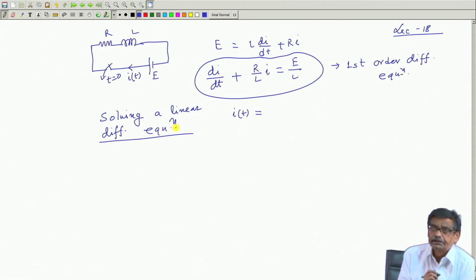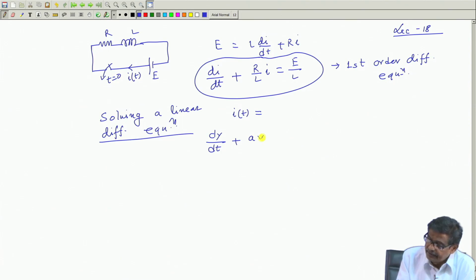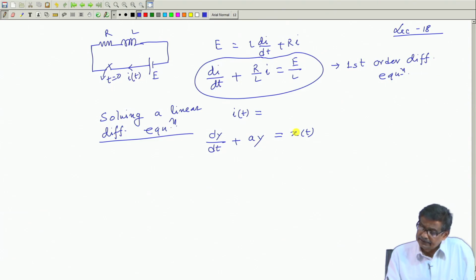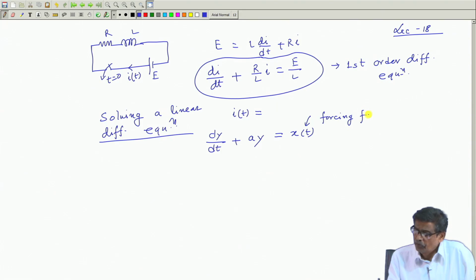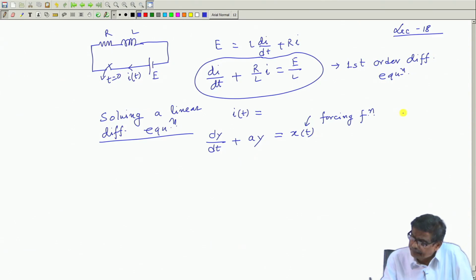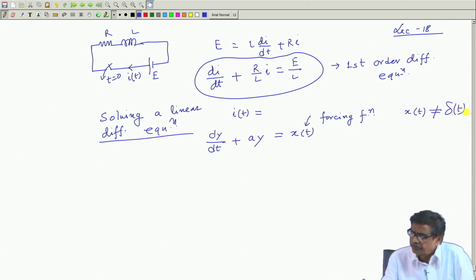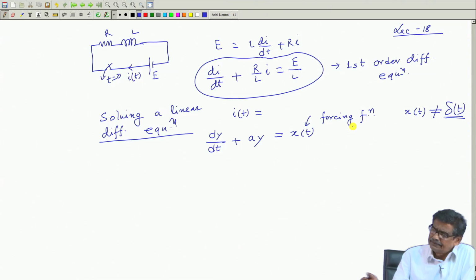Take a general differential equation like this: dy/dt plus a y is equal to x(t), where x(t) is called the forcing function, which may be a function of time or it may be constant, it may be anything. Except x(t), I ruled out this possibility, is not equal to an impulse function. We will talk about this later. x(t) is a general reasonable function, it can be anything.